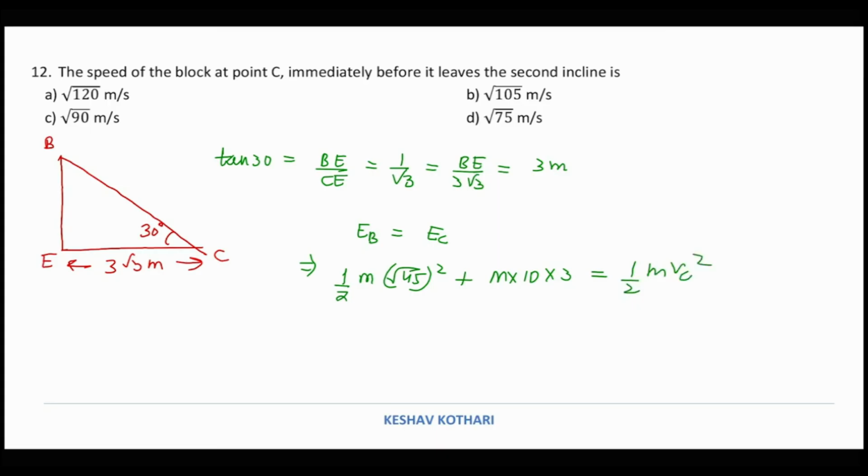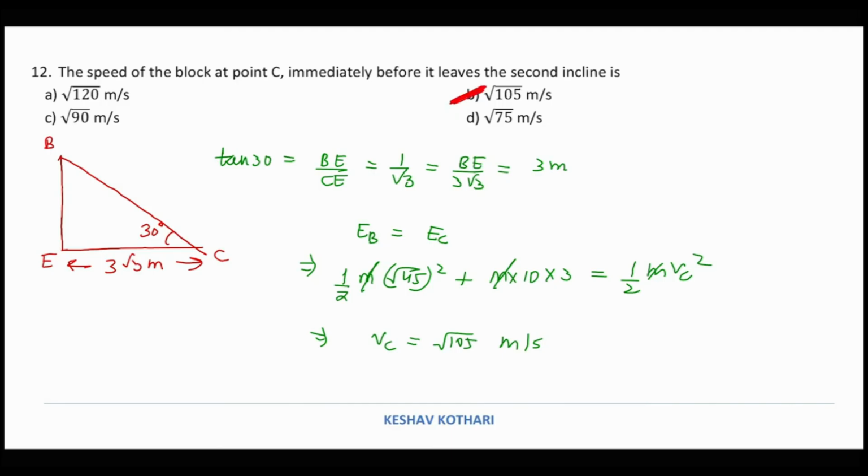So from here I can cancel all the m, and we attain Vc as equal to root over 105 meter per second. So for this particular problem we say root over 105 meter per second, or option B is correct.